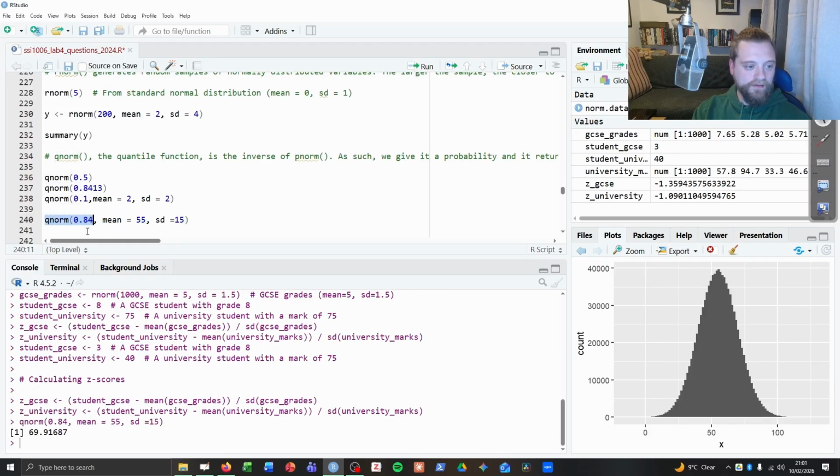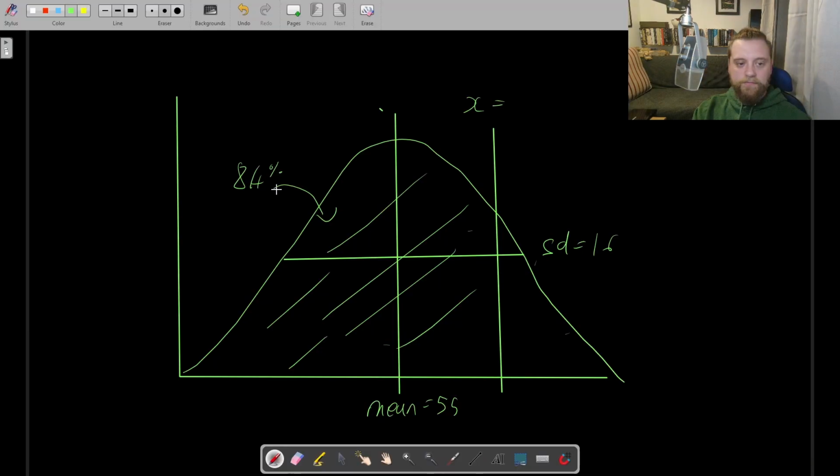So if we run that, we can see we've got an answer, which is basically 70. So this was rounded, as you remember. So we've not got quite to 70, but it's around 70. So this time then, we've started with the notion that we want 84% here. And we've calculated that this value is 70.